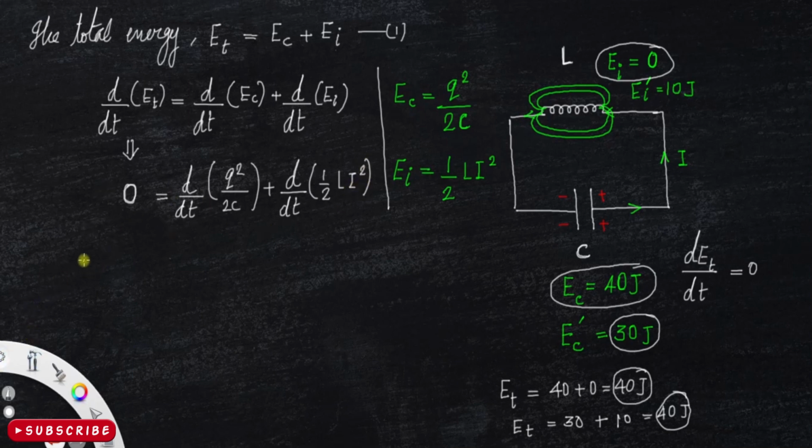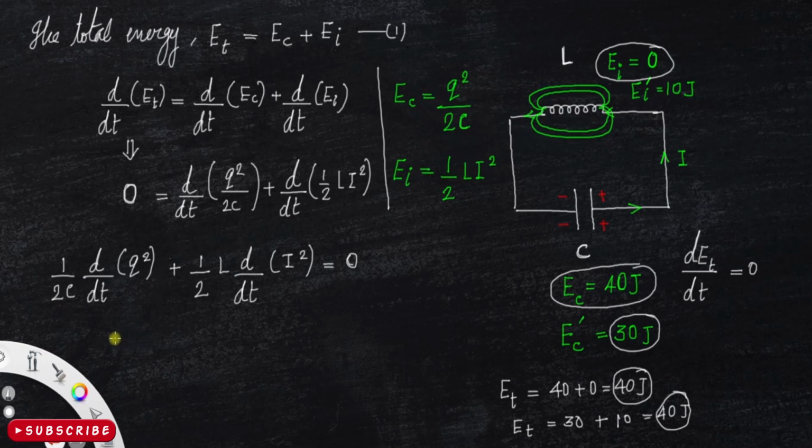Clear? Now, let me write the right hand side first. Here 1 by 2C is constant. So 1 by 2C d by dt of Q square plus here half L is constant, so half L d by dt of I square is equal to 0. So this is equal to 1 by 2C.